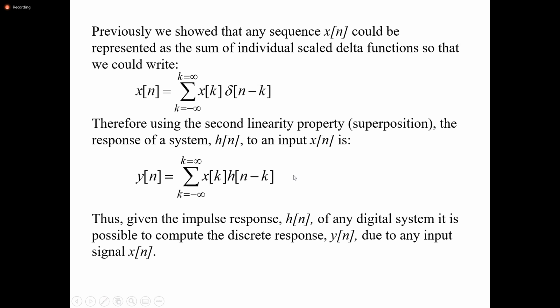But that is convolution. So, given the impulse response of any digital system, it is possible then to compute the discrete response due to any input signal x of n. Right, now, good, I hope we understand that.